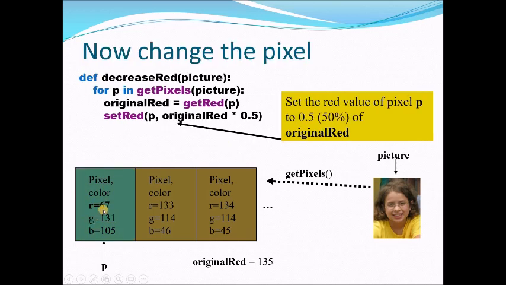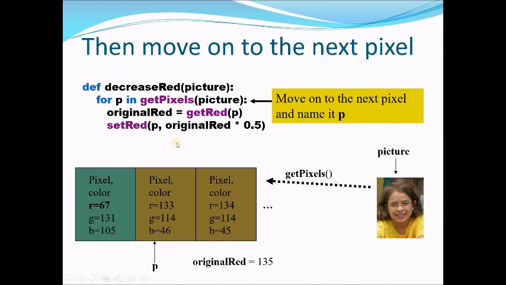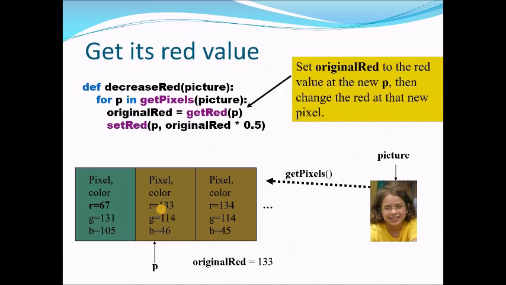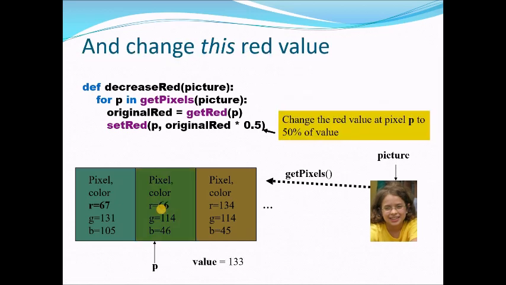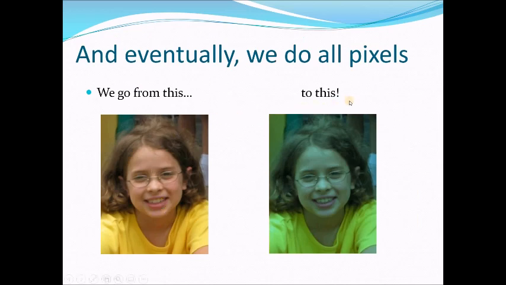The exact answer is 67.5, but because the variable is an integer, it will store it as an integer. Then it will continue for the next pixel, 133, and make it 66, and it will keep on happening until all the pixels are finished. At the end of this whole process, the whole picture has less red color. Clear?